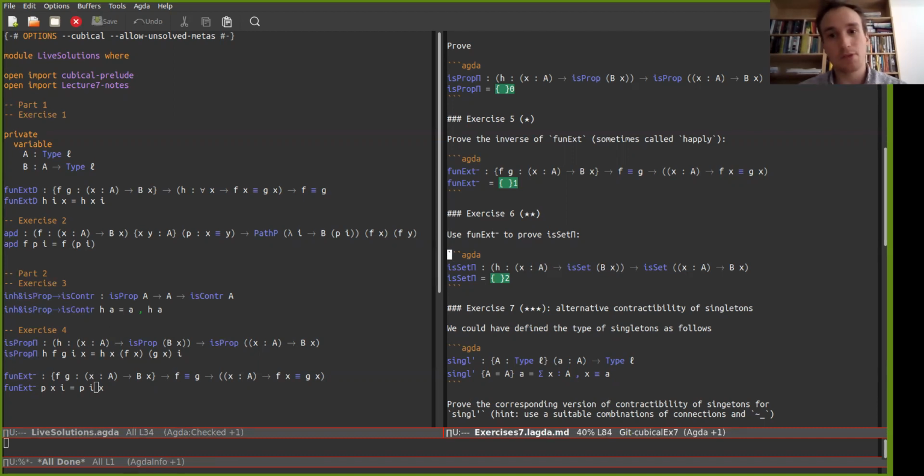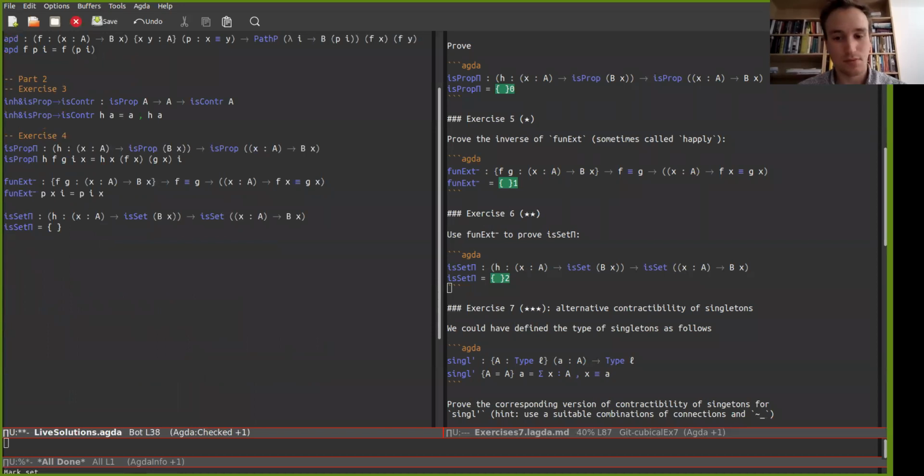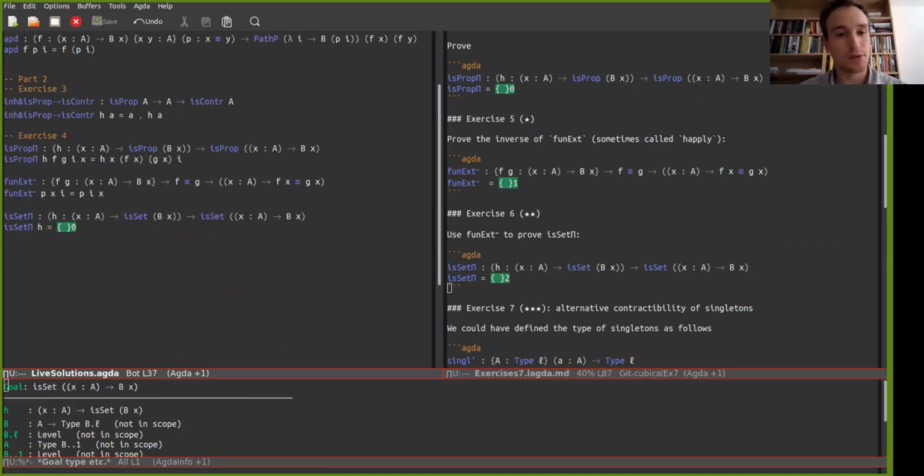Okay. And now it gets a bit more tricky. So we want to prove this. We got our h. We want to prove that this pi type is a set.